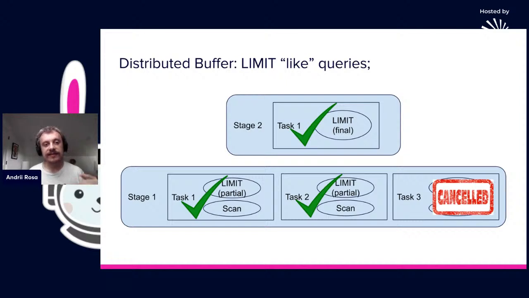But since currently our proof of concept implementation requires a full barrier, we actually need to run all tasks with partial limits, and only then we can run a final limit. So it is actually slowing down some of the queries. As soon as we no longer require a full barrier in between stages, we can optimize it and achieve parity on that aspect with the streaming execution.